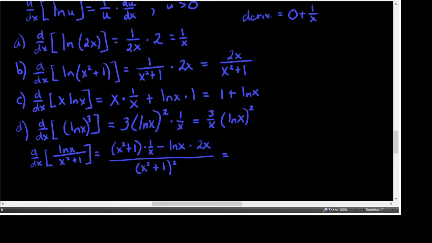Which is, see, x squared times 1 over x. I'm distributing the 1 over x. X squared times 1 over x is x, plus 1 over x times 1 is 1 over x. The best way to write that product is with the polynomial part in front and the ln of x behind.